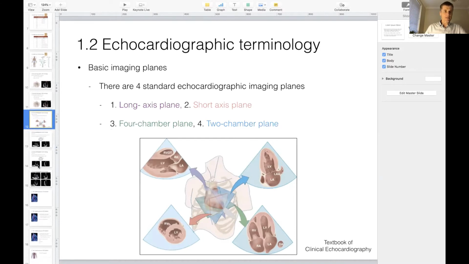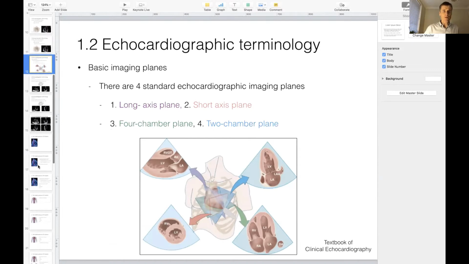There are imaging planes that you'll need to become very familiar with, and what I want to do early on is just help you to appreciate that what I'm not talking about here is imaging windows. I'm talking about imaging planes. An imaging window is the window through a rib space that you direct the ultrasound beam via the probe in order to achieve a particular view, whereas I'm talking about planes here.